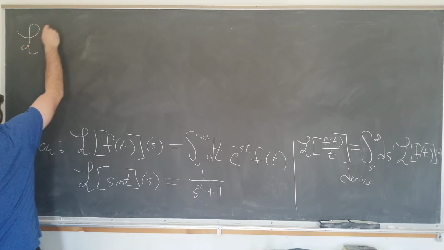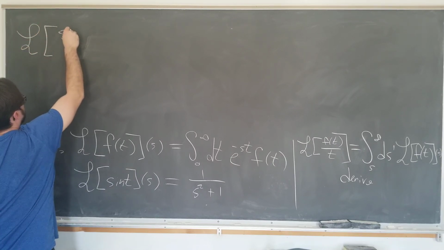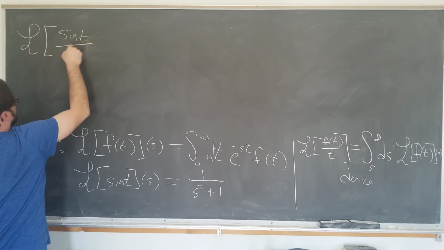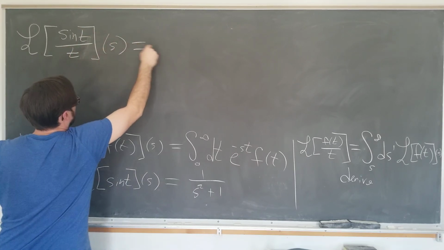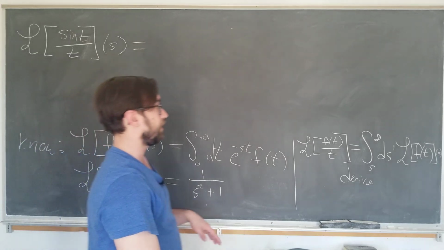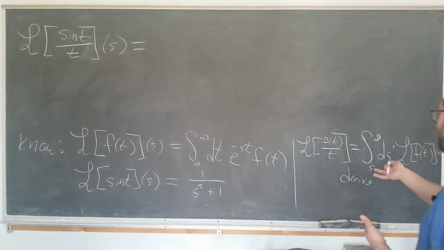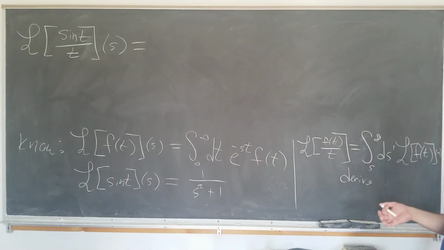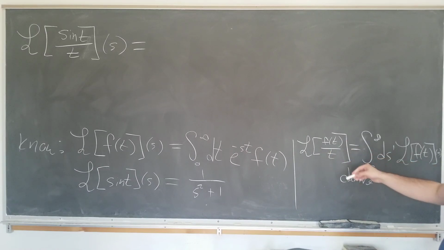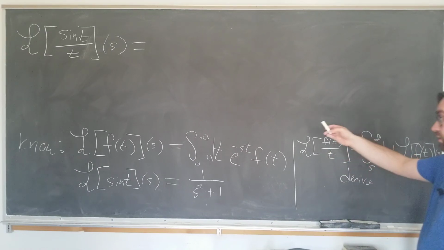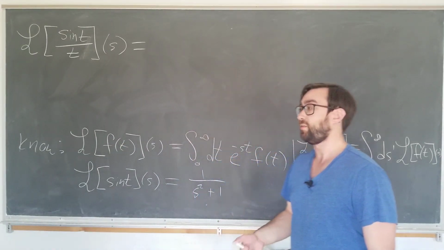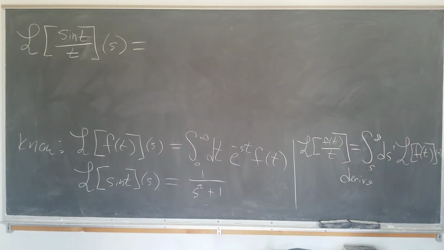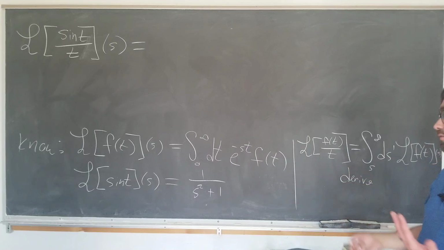So we have the Laplace transform of our function we want to integrate, sine t over t, which would be a function of s. And I've conveniently written this identity here, telling us that if we know the Laplace transform of the function up top, and it's divided by t, we can simply integrate that Laplace transform to get the original function.